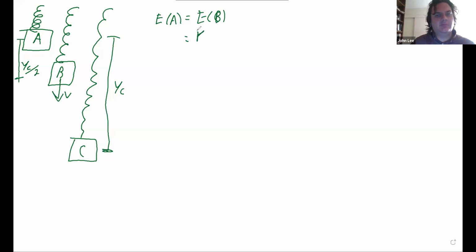So this is equal to KB plus 1/2 K YC over 2 squared plus mg YC over 2.